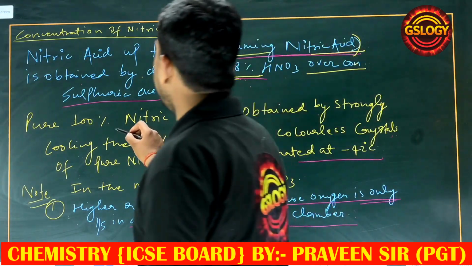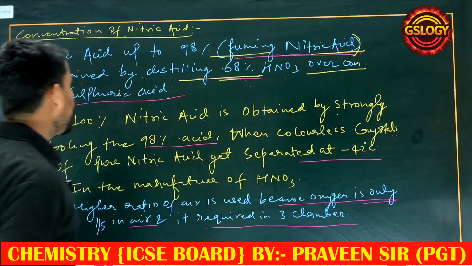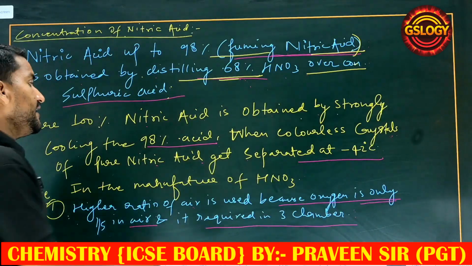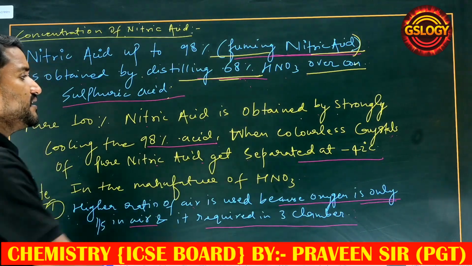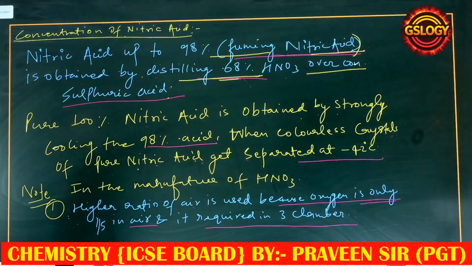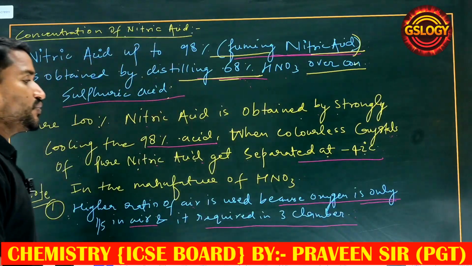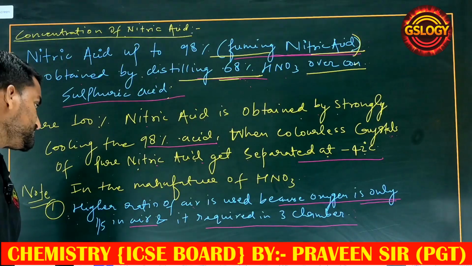Pure 100% nitric acid is obtained by strongly cooling the 98% acid, when colorless crystals of pure nitric acid separate at minus 42 degrees Celsius.